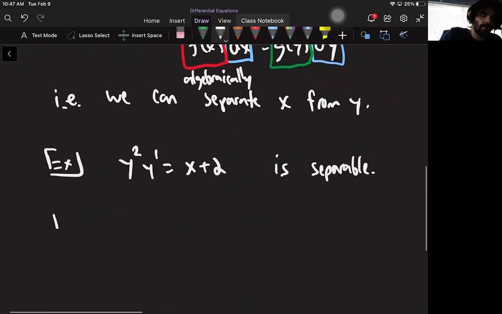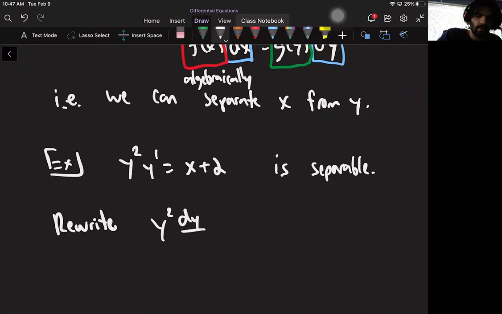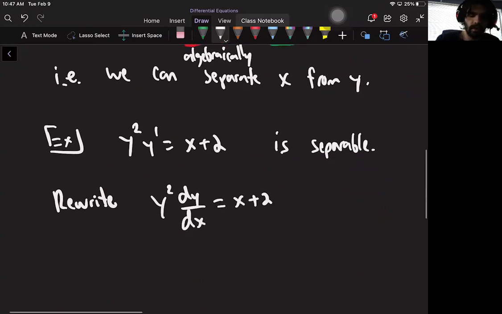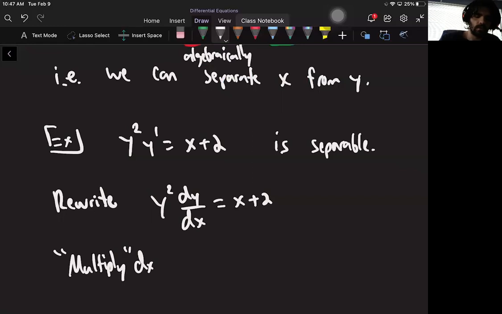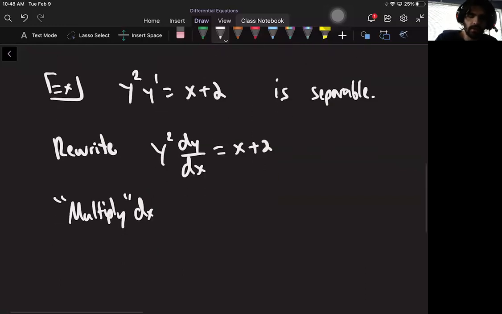To show that, the first step, of course, is to write y prime as dy dx, and then we can pretend dx is its own variable, and multiply it across because we're treating it as a variable that we can do algebra to.